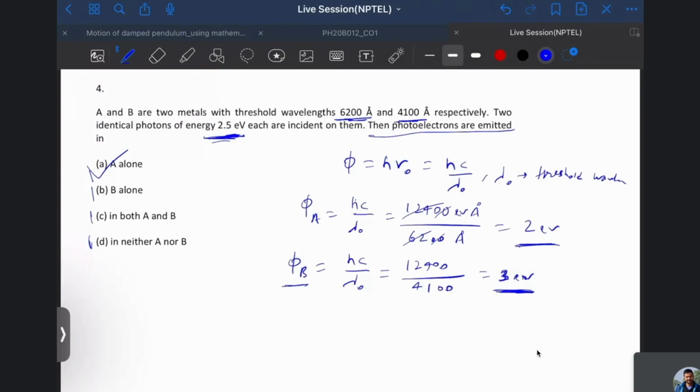Again, you write it, sir. Oh, so you are saying how I am writing this value? Yes. Okay.